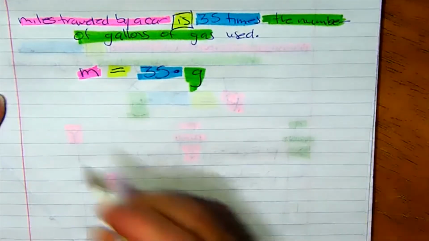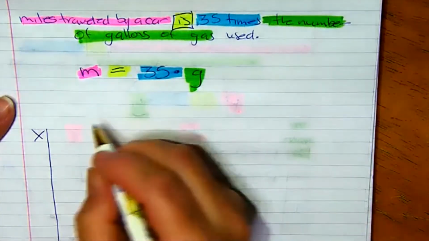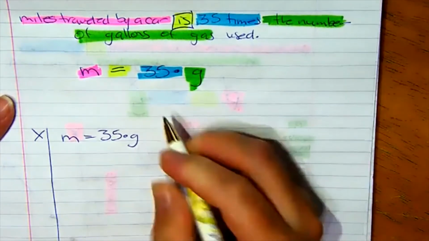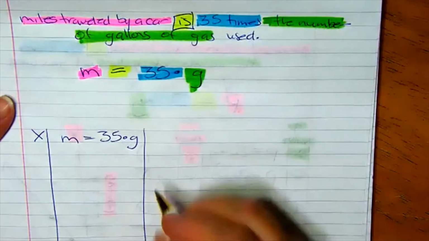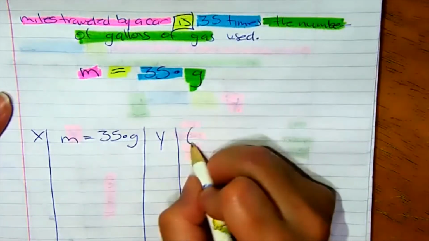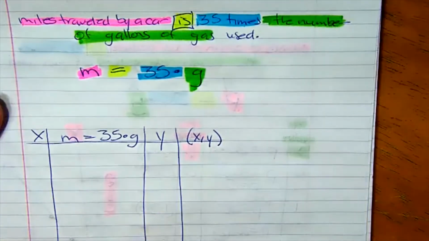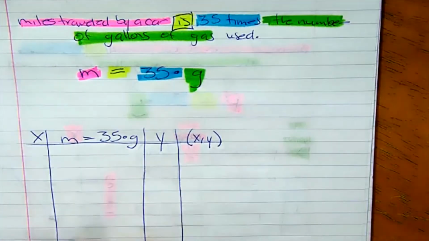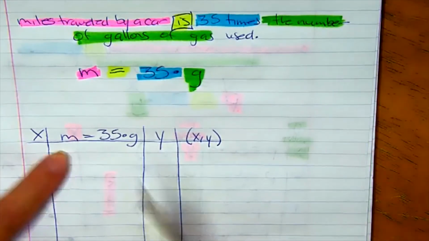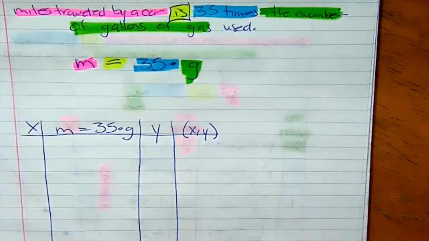So we're going to create our table. X, our function, Y, and our ordered pair. Now, this is all fine and dandy, but I have X and Y's and M's and G's. Which is X and which is Y?